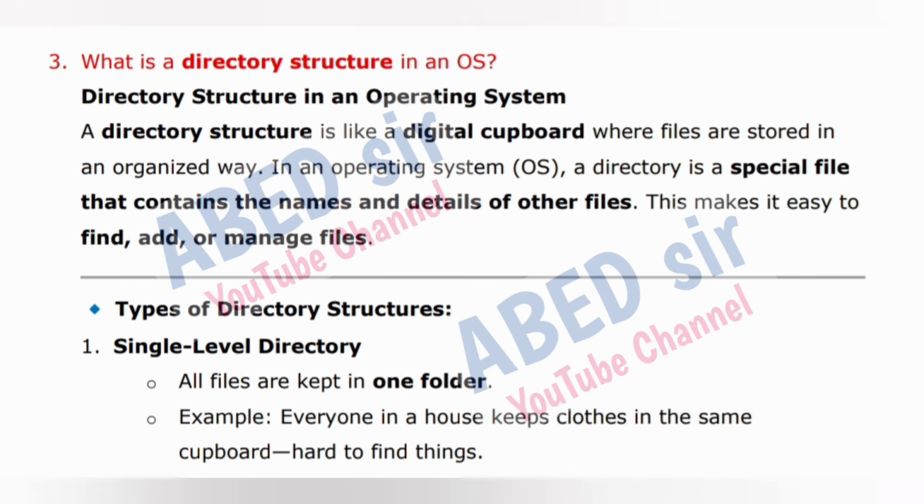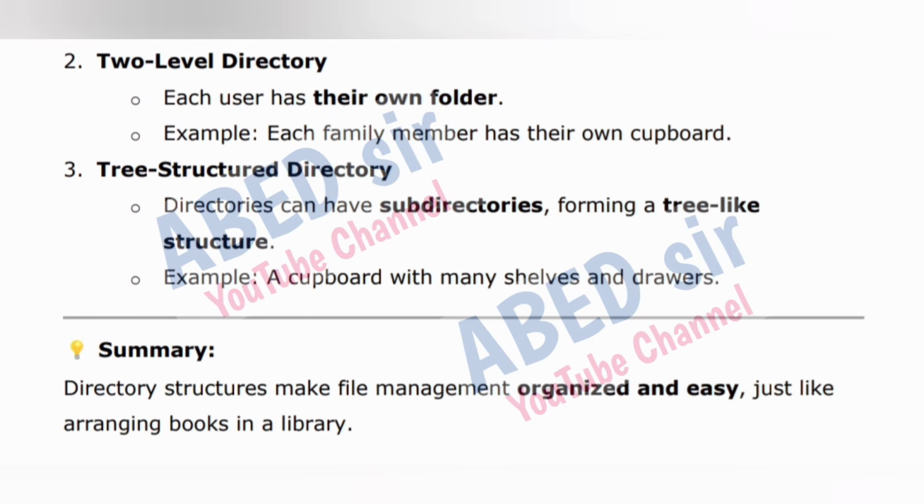Types of directory structures. 1. Single-level directory. All files are kept in one folder. Example, everyone in a house keeps clothes in the same cupboard, hard to find things. 2. Two-level directory. Each user has their own folder.